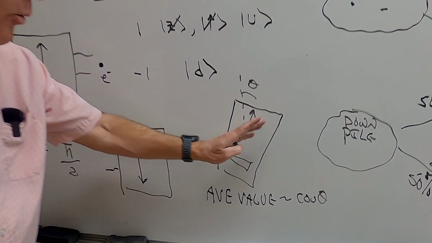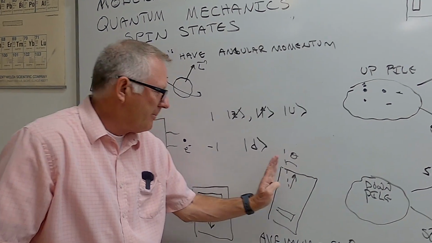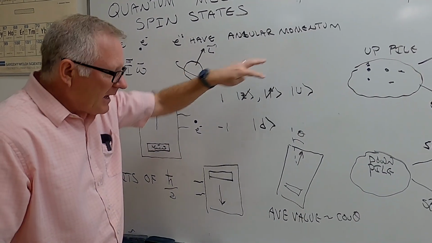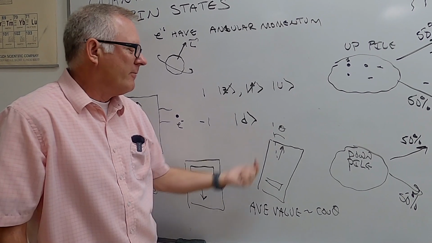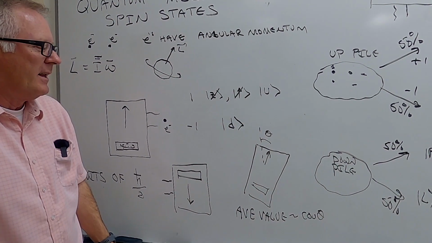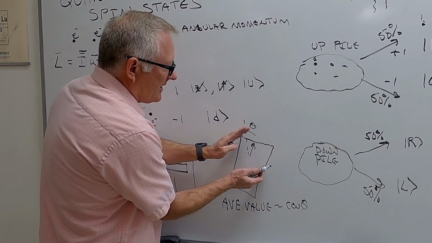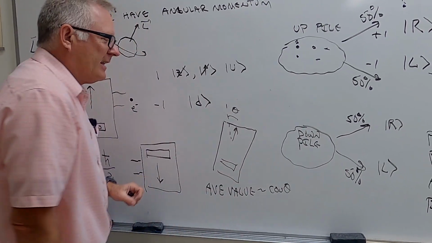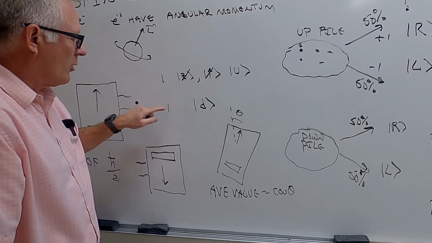You notice when theta is 0, when you're straight up and down, and I put in all my up electrons, they'd all give me +1. And the cosine of 0 is 1. The average value would be 1. Now as I start to tilt this, the cosine drops, and so I'll get less ups and more downs.